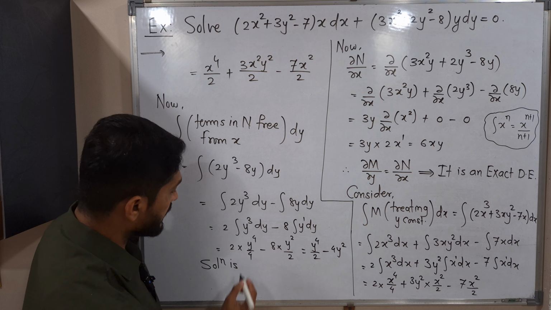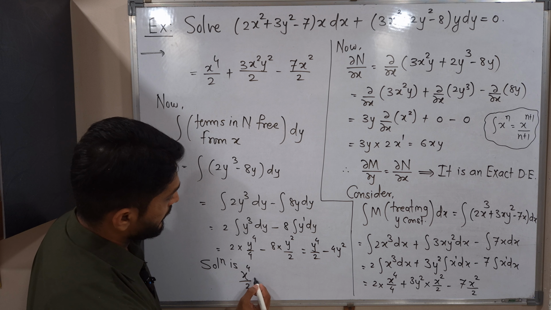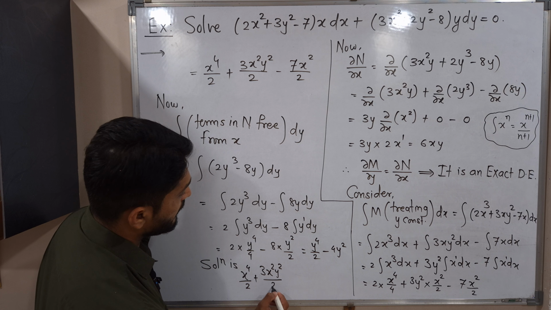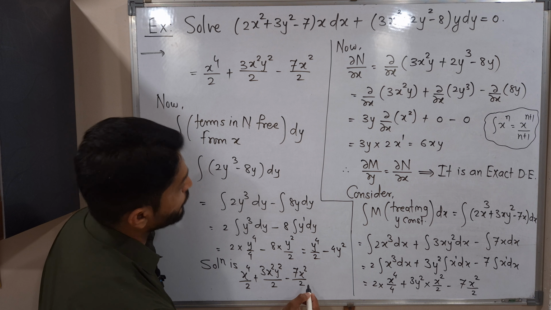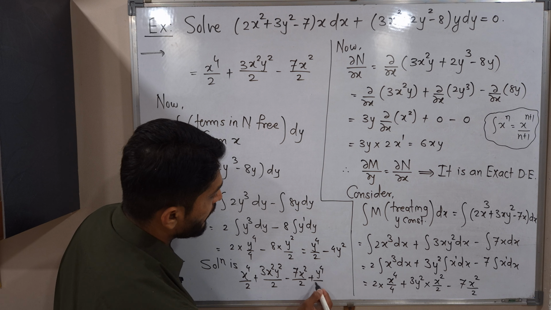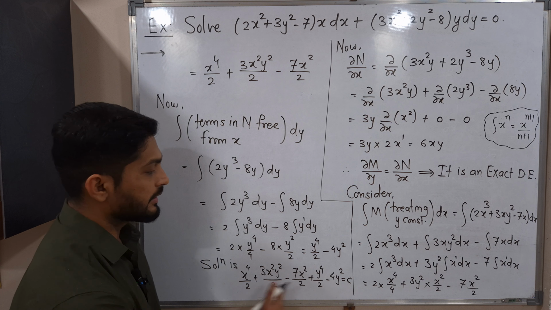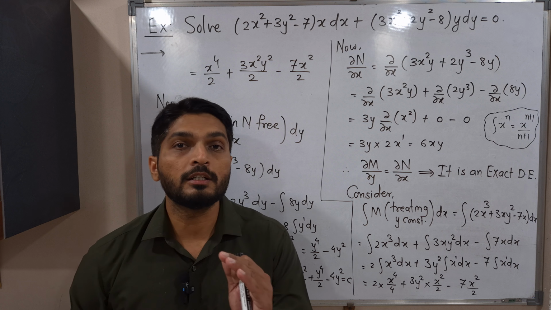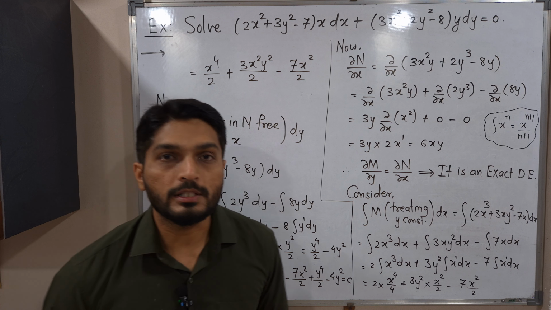The value of the first integral is x raised to 4 by 2 plus 3x square y square by 2 minus 7x square by 2. The value of the second integral is y raised to 4 by 2 minus 4y square, is equal to c. We add the values of the two integrals and write equal to c, that will be the solution. So in this way we got the final answer and solved this problem.